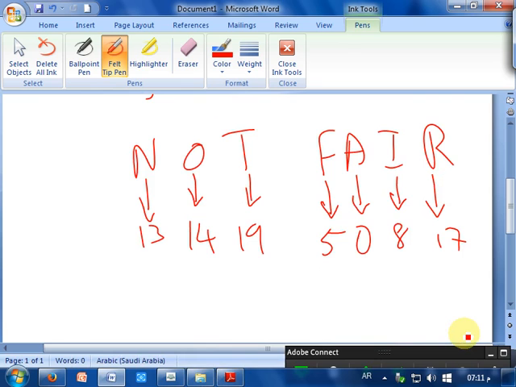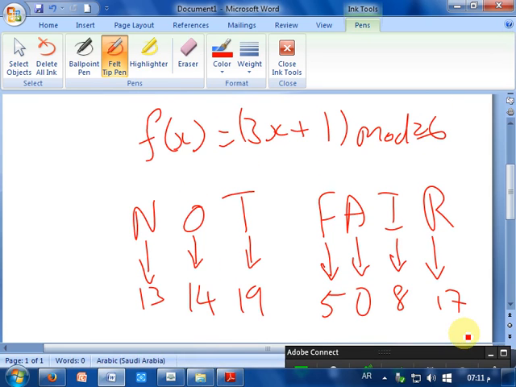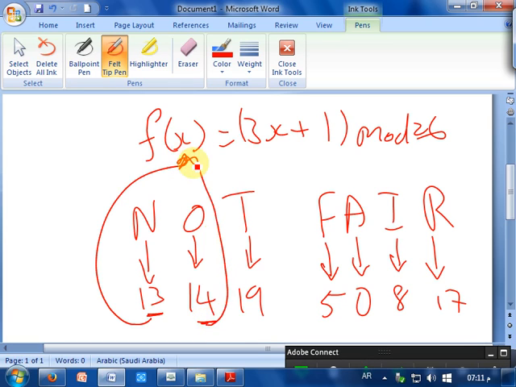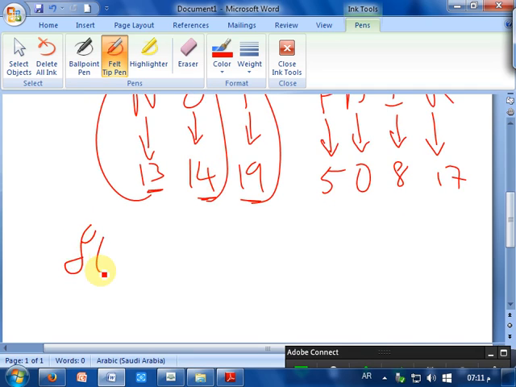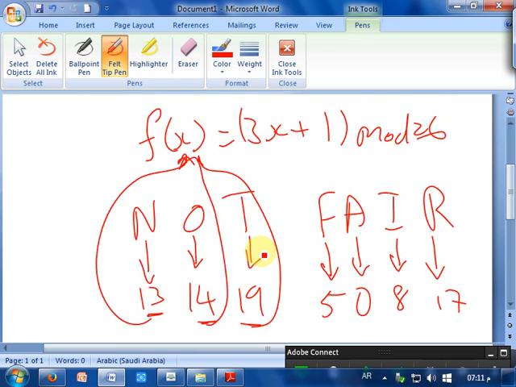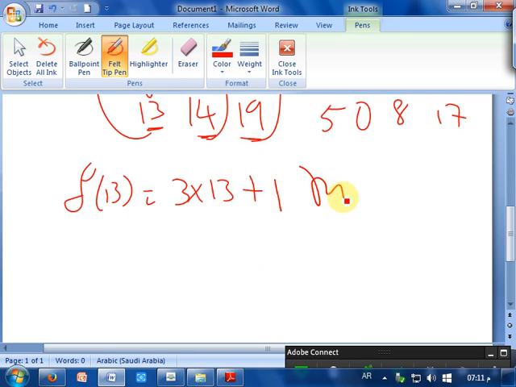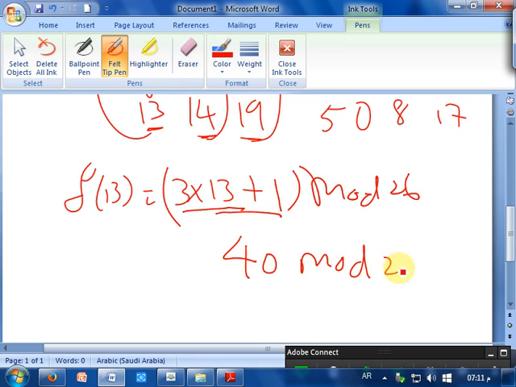Now in this formula you put 13 in place of x, 14 in place of x, 19 in place of x. So F13 is equal to 3 into 13 plus 1 mod 26. Total 40 mod 26.